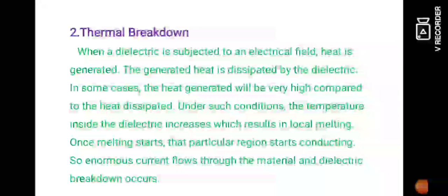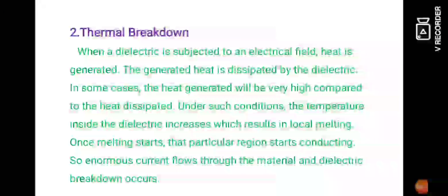Under such conditions, the temperature inside the dielectric increases, which results in local melting of the dielectric material. Once melting starts, that particular region starts conducting, whatever the area may be. So an enormous quantity of current flows through the material and the dielectric breakdown occurs.